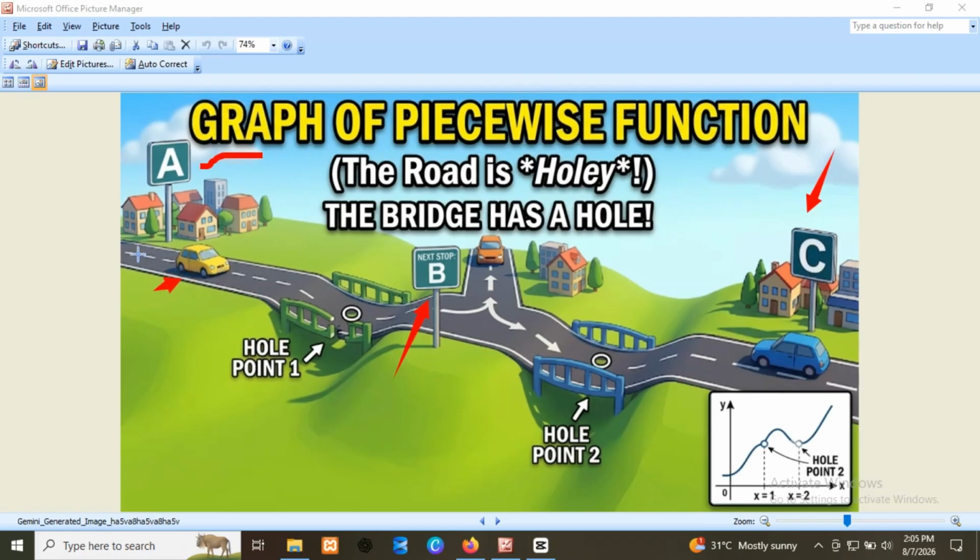Here I have a yellow car coming from town A to this bridge. But this bridge is broken, or it has a hollow.